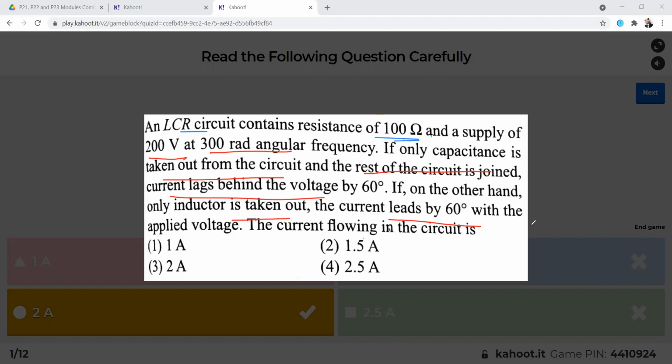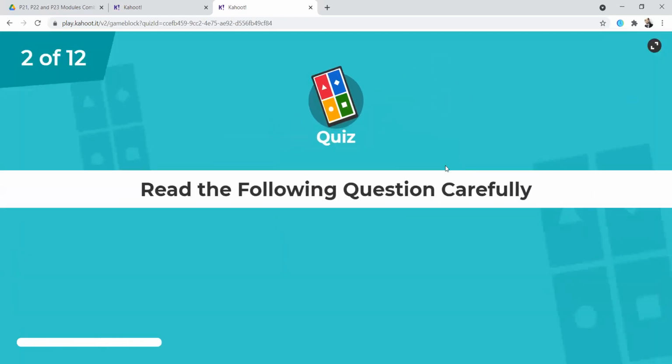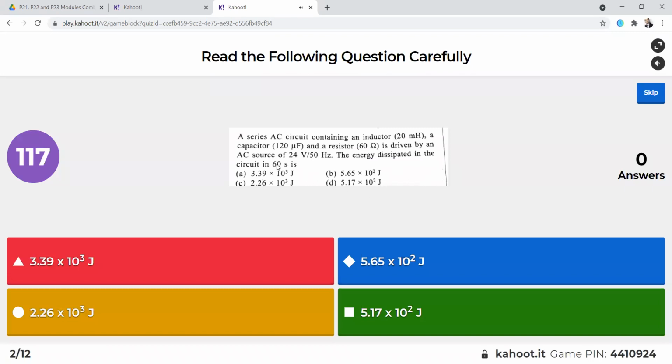You have to find out the current that is flowing in the circuit. Again, this is just based on the operations that we do for 3 different cases here. Most of them got it right, so there is no need to look over it. Whoever has any doubt, you should ask me about that question at that point of time only.